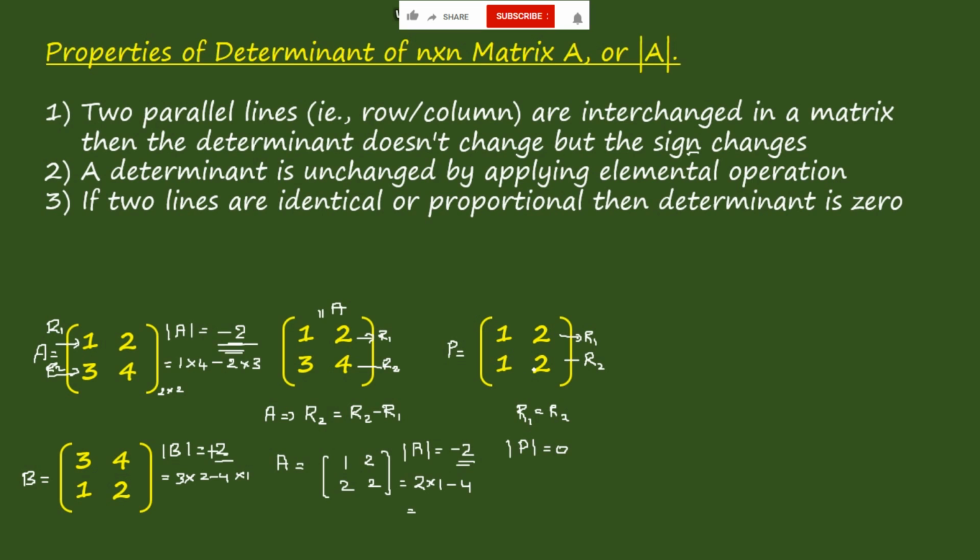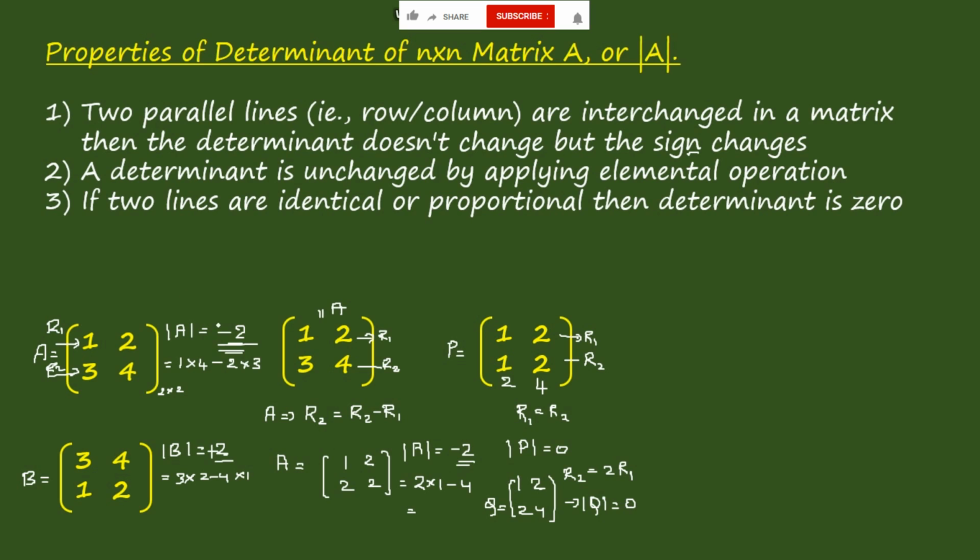Instead of 1 and 2, if you have something like 2 and 4, the matrix is 1, 2, 2, 4. Consider this as a Q matrix. Here we can see that row 2 is equal to 2 times row 1. In this case also, the determinant of Q is equal to 0. One more example for it.